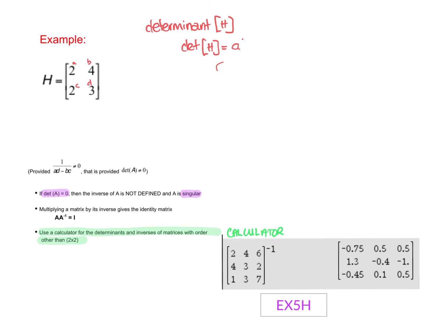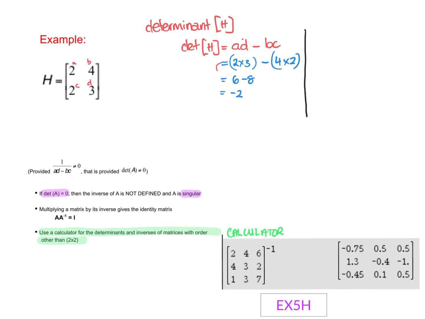So the actual general rule is A times D minus B times C. So if I was doing it for H, A is 2 and D is 3. And then I'd minus B times C. Okay? So then you can actually do those numbers, which is 6 minus 8. So my determinant is negative 2. Okay? So if I was asked to find the determinant of H manually, there we go, we've got that.